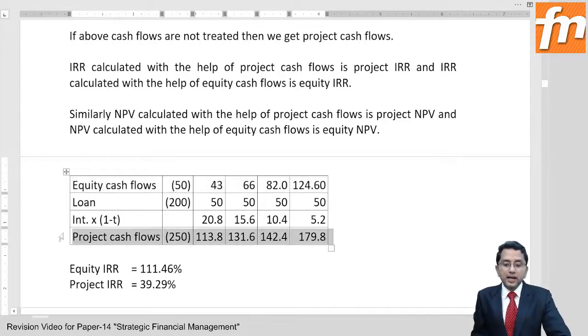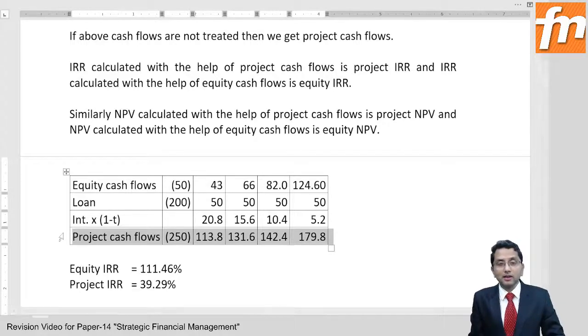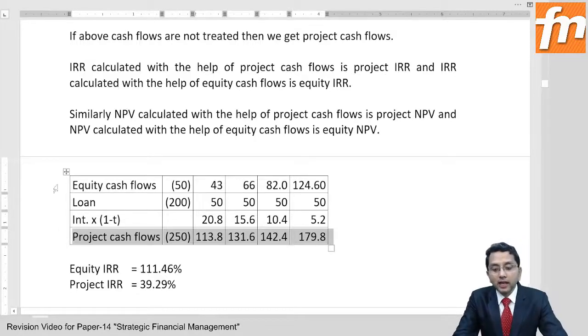If you have project cash flows and you discount them with weighted average cost of capital, you get project NPV. And if you calculate IRR using equity cash flows, it will be equity IRR. And if you calculate IRR using project cash flows, that will be project IRR.